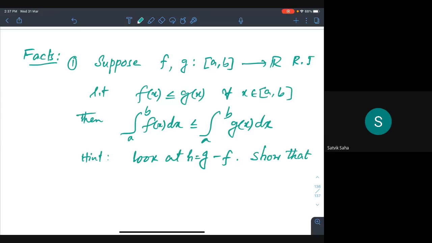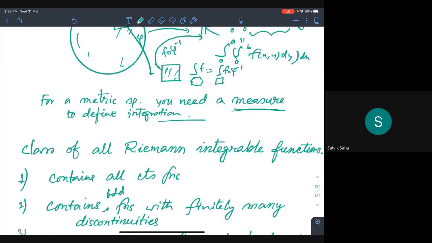Whatever the upper sums or lower sums, actually you go with the Riemann sum. So what is the Riemann sum? The Riemann sum is this one.